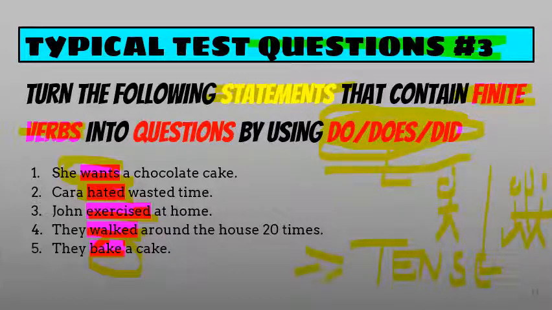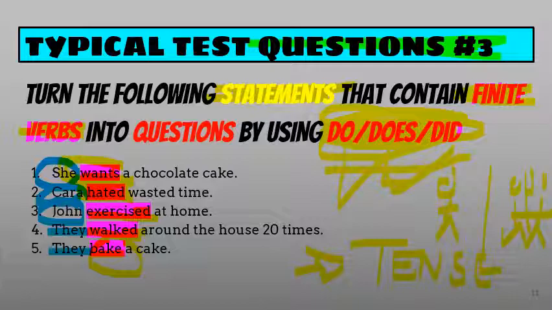Remember, we said tense is going to play a role when I have to choose between do, does, and did. And I also used different subjects. Here I have a singular subject. Kara is a singular subject and John is also a singular subject, but they are both plural subjects. So let's look at what happens to these statements when I have to change them into questions.